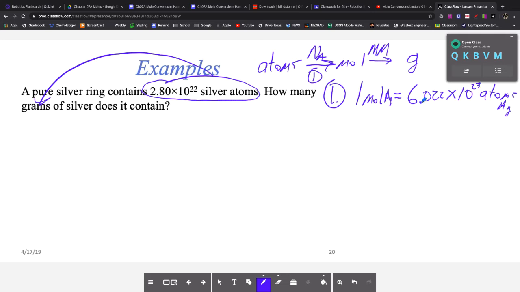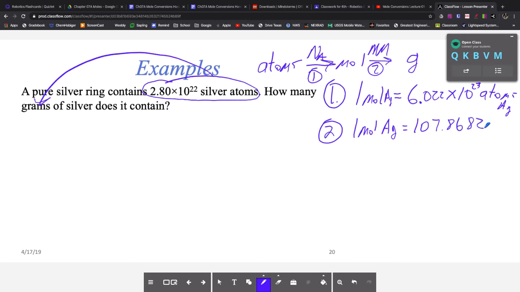Then our next step, going from moles to grams, that's going to be our second conversion factor. Since it's an element again, we can just look that up on the periodic table. The atomic mass for silver is 107.8682.